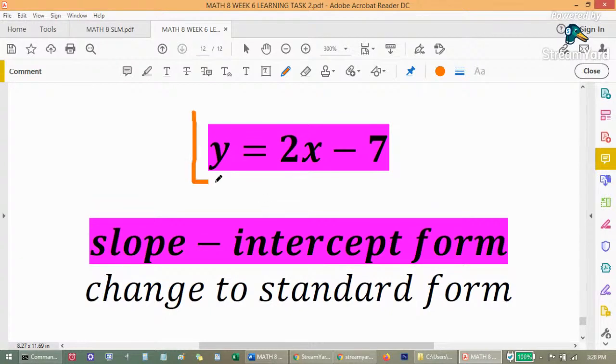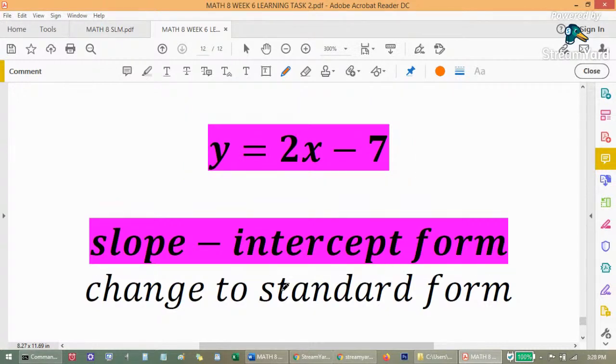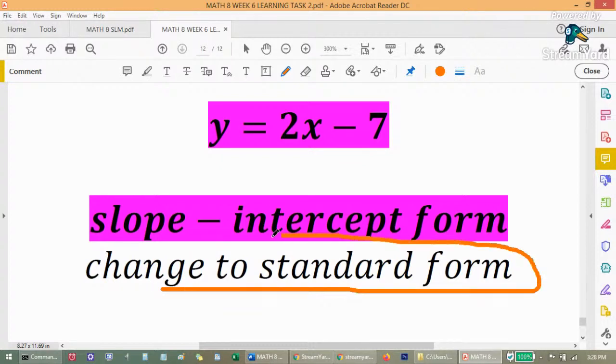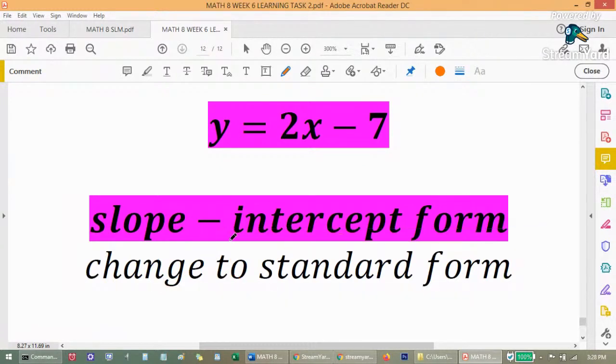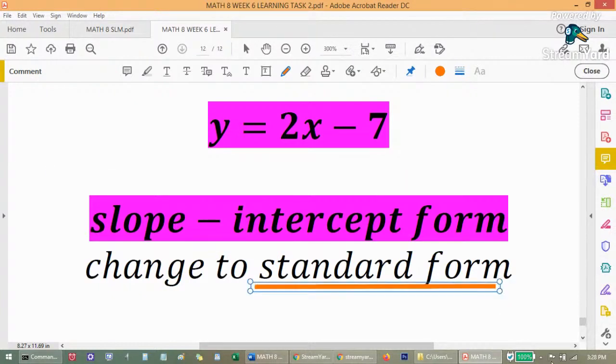So next, palitan natin into standard form kasi dalawang hinihingi eh. Isang slope-intercept form, isang standard form.